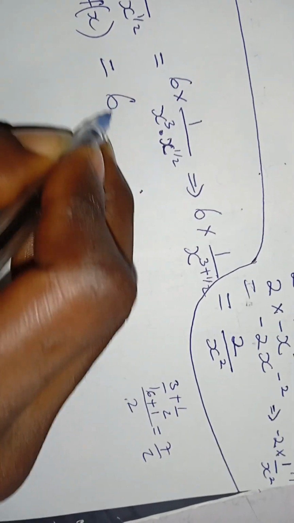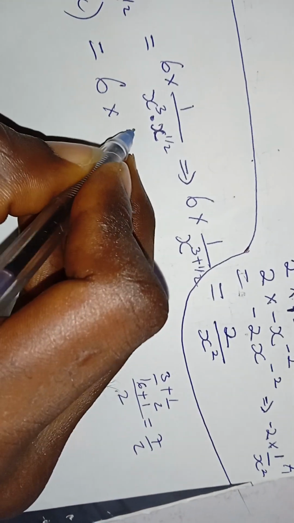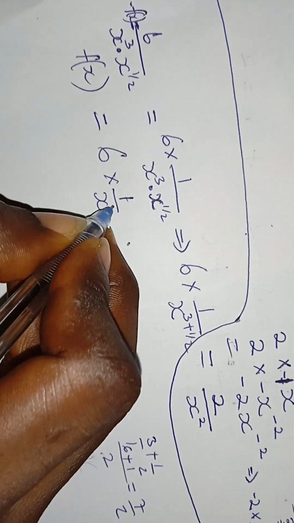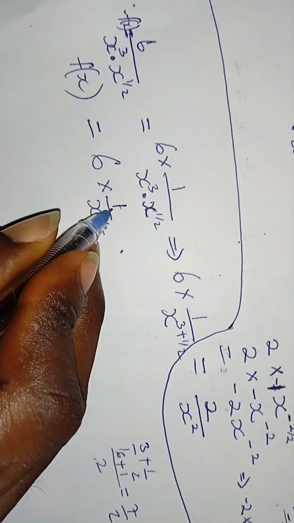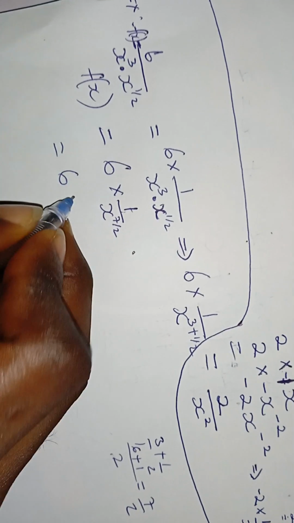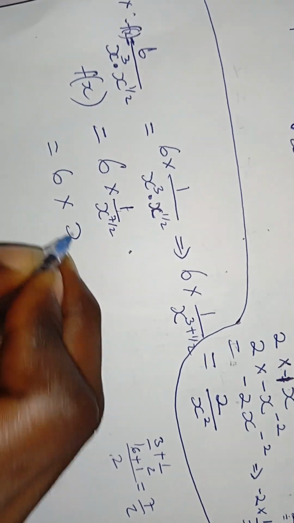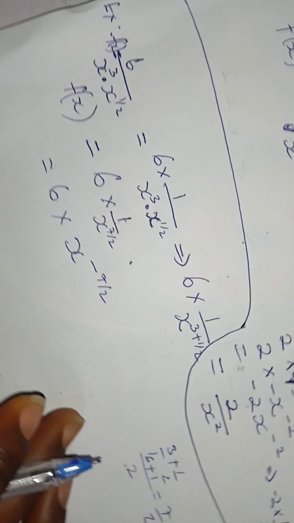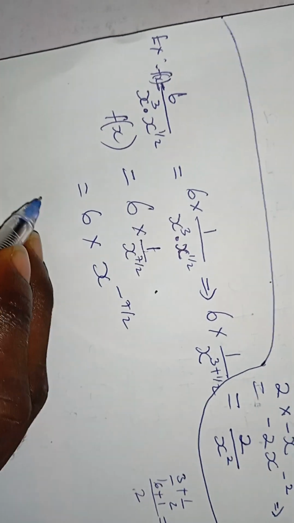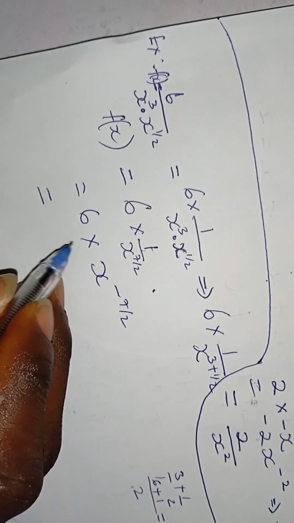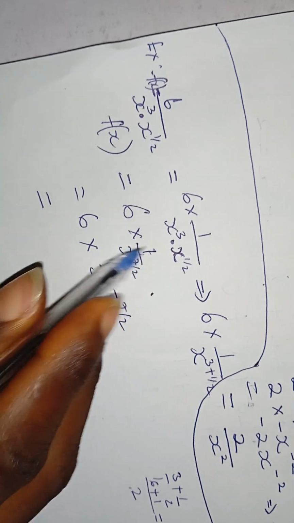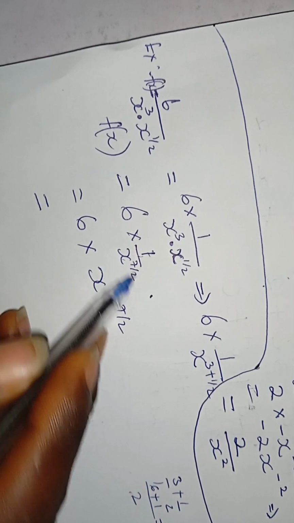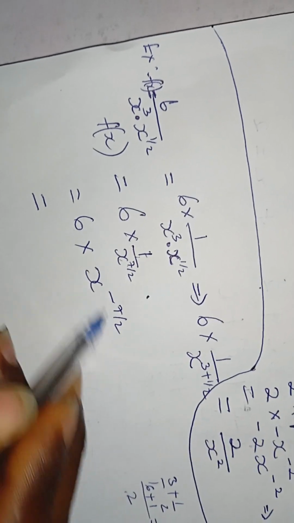So this is 6 times 1 over x raised to power 7 over 2. Now this is x times x raised to power minus 7 over 2. Now you know that 1 over x is x minus 1. So minus x minus 1 times 7 all over 2 is this.